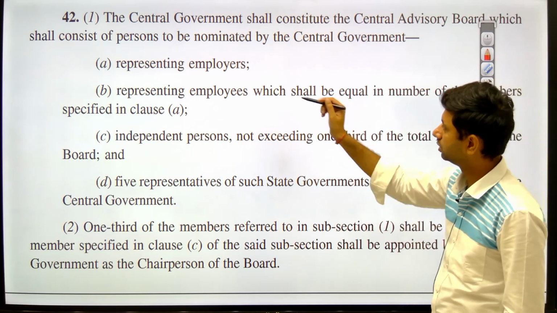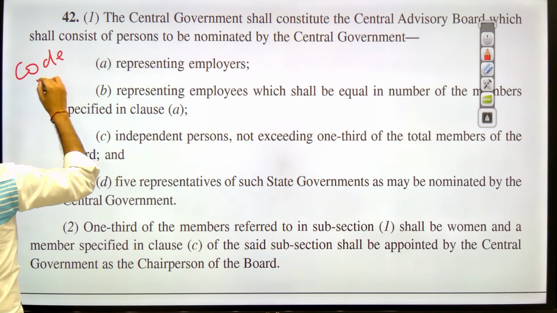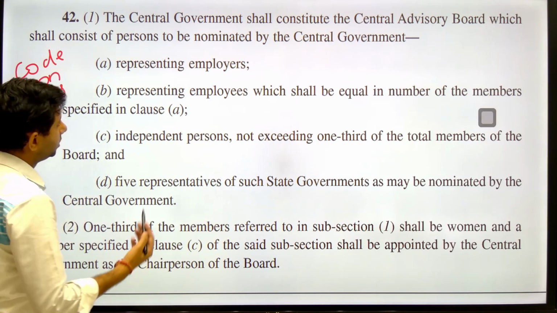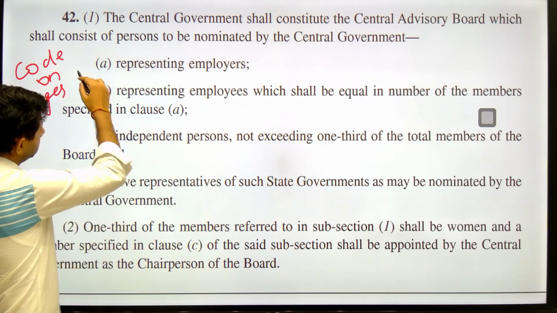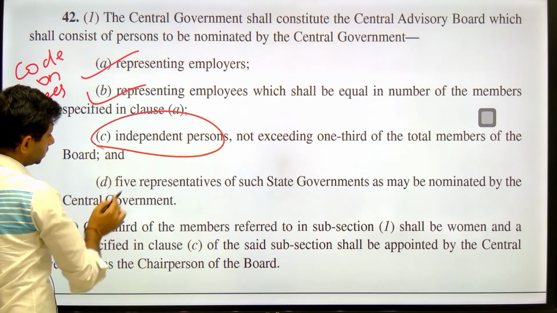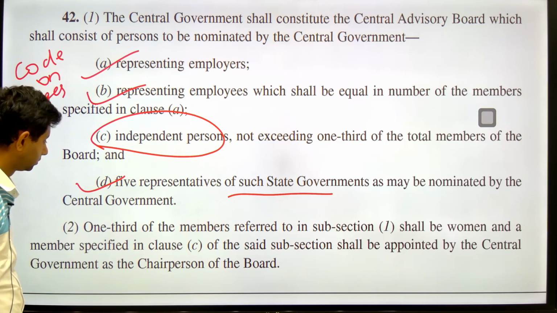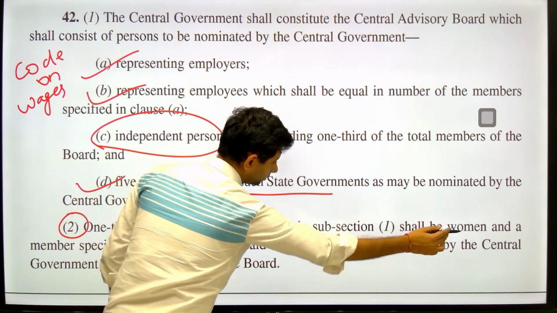As you can see, this is mentioned under the Code on Wages. Central government shall constitute the central advisory board, which shall consist of persons representing employers, representing employees, independent persons, and 5 representatives of state government. And one-third members shall be women.